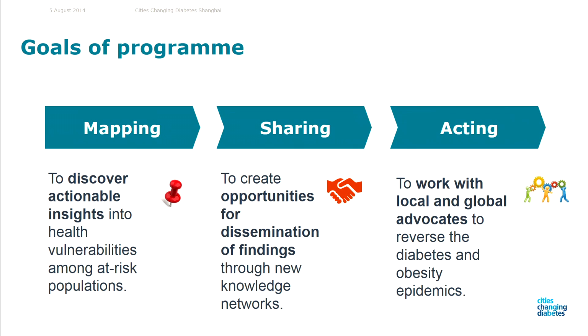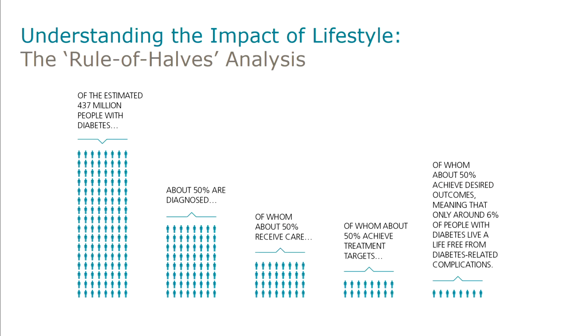Well, anybody who walks into a Novo Nordisk office is confronted by this, which is a good starting point. This is the rule of halves, and the reason it's in most offices in their foyer is because it is a constant reminder to us of how poorly we're doing in terms of treating NCDs generally and diabetes in particular.